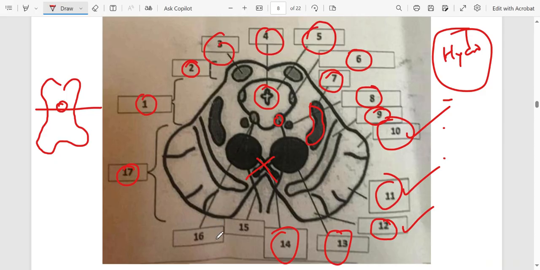I hope I'm not pointing at the wrong part. Actually, 13 is pointing at this structure. That is the red nucleus. The oculomotor nucleus, I think, is this one that is going like that. Okay. And then 15 we had already labeled, that's the oculomotor nerve. So those are the parts which are here. Is there anyone that's behind?